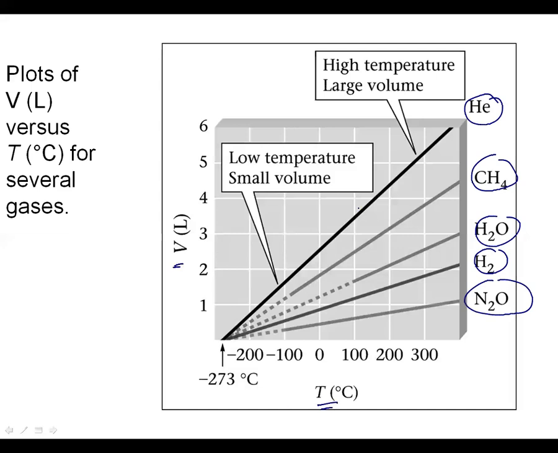If you took all those lines for those plots, what we would see is it would always end up at the exact same spot where it would cross the temperature axis. And it would cross at this temperature here, minus 273.15 degrees Celsius.